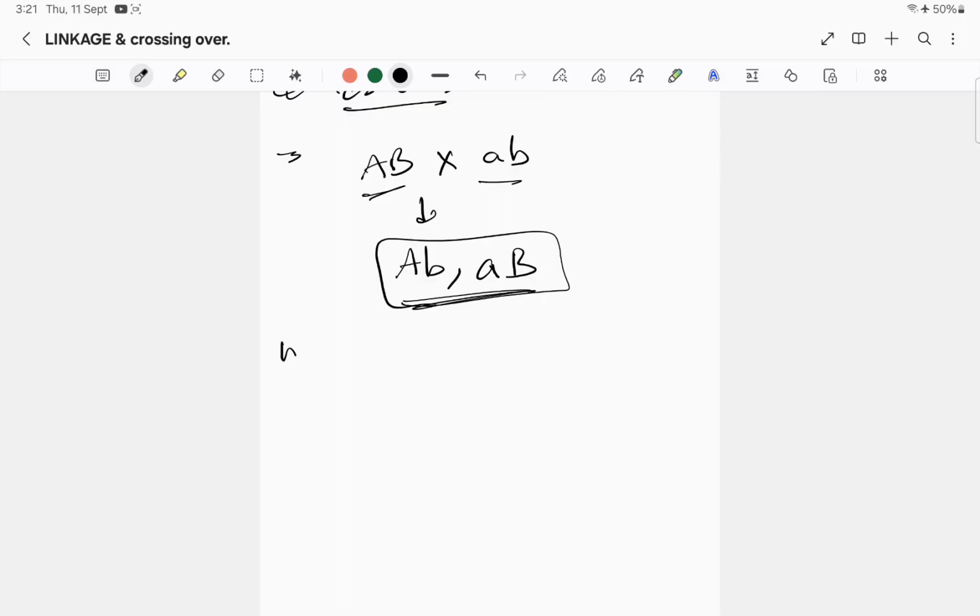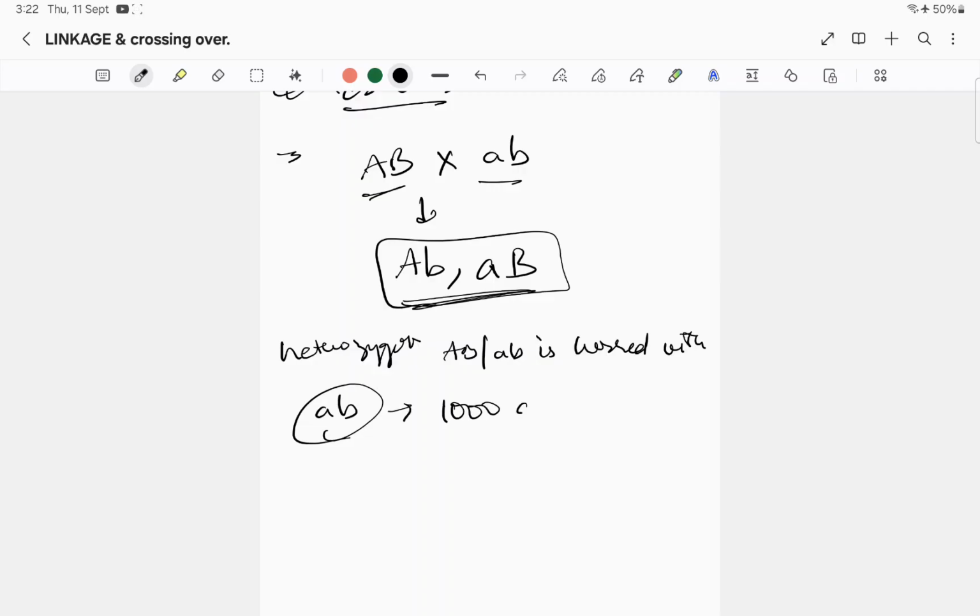So if a heterozygote AB/ab, the F1 parent, is crossed with the homozygous recessive parent ab, for example, we got 1,000 offspring.